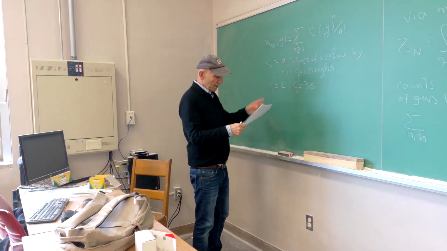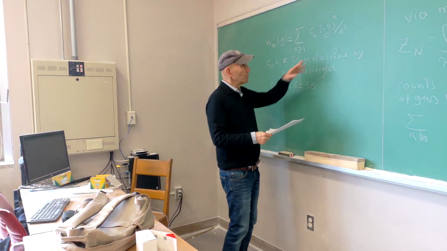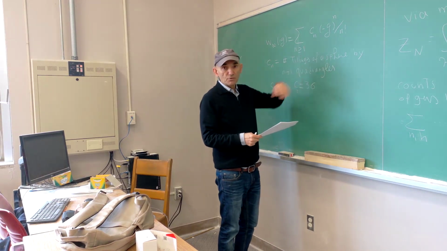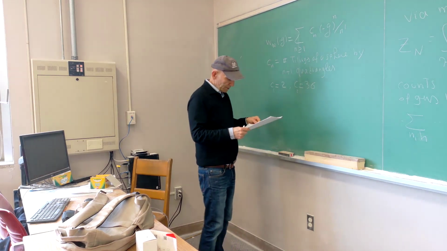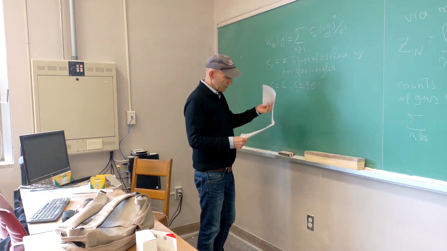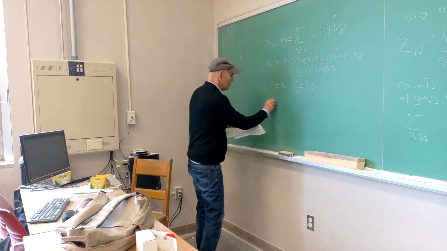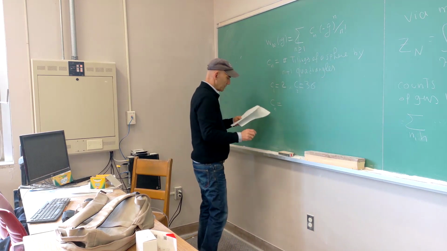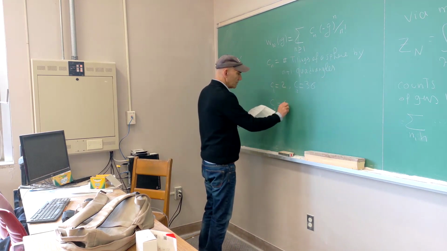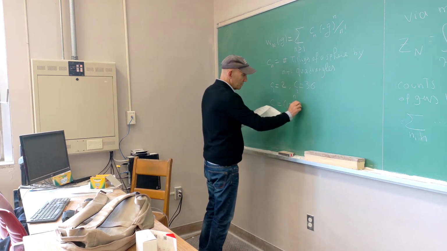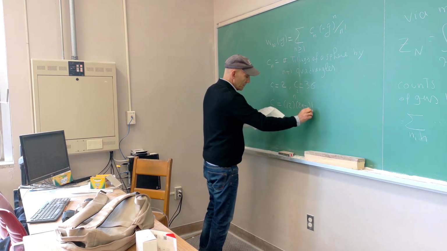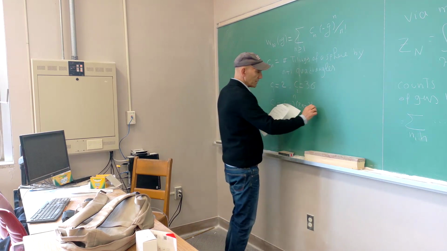But for Cn, we get an explicit formula, which I will write later. Maybe I'll just write it now. Cn is equal to 12 to the power n, times (2n minus 1) factorial over (n plus 2) factorial.